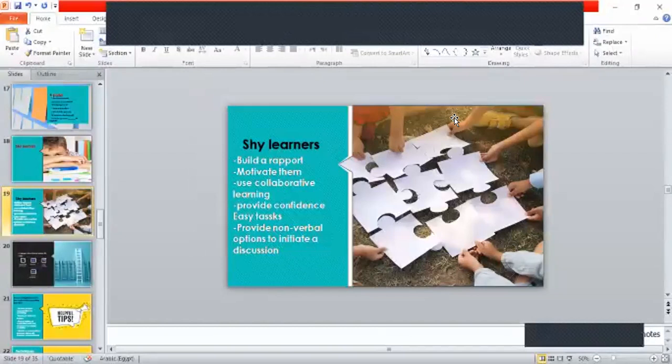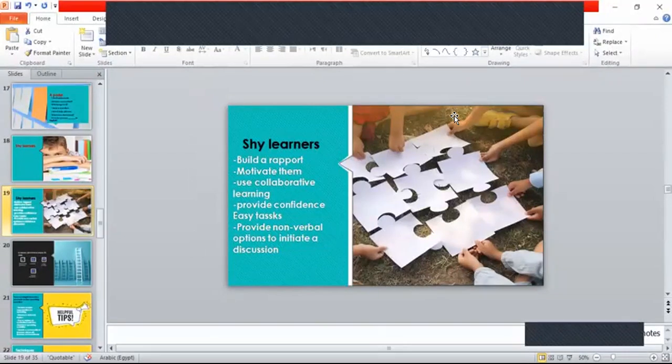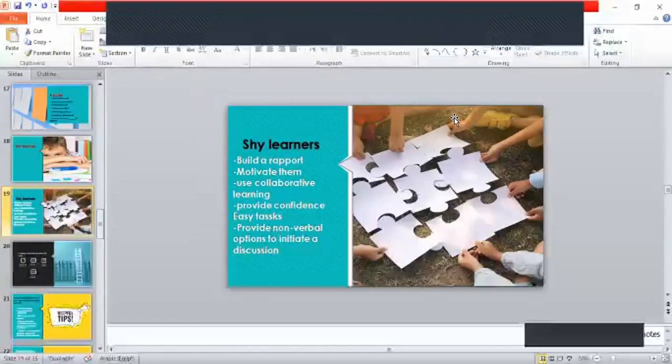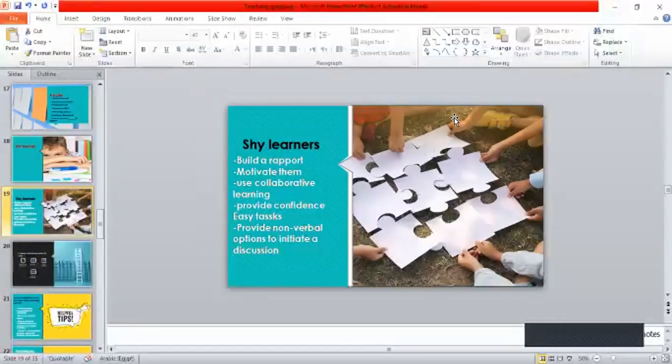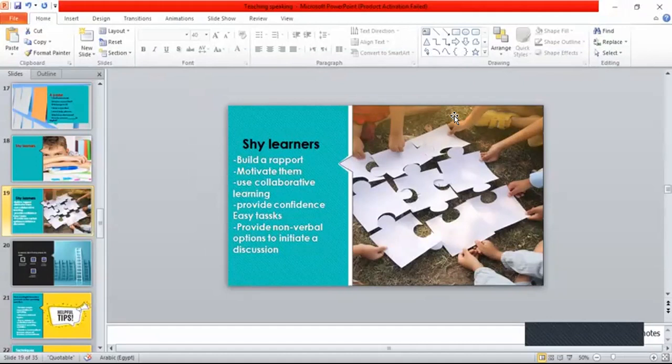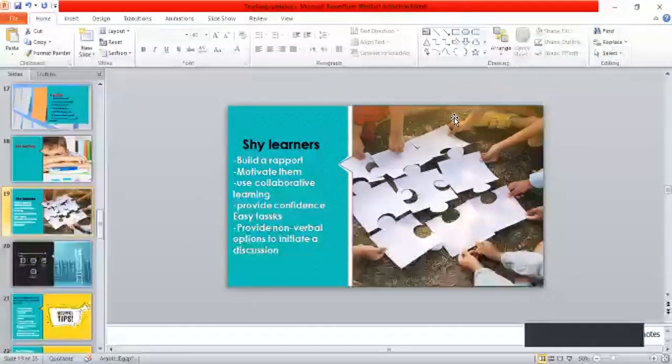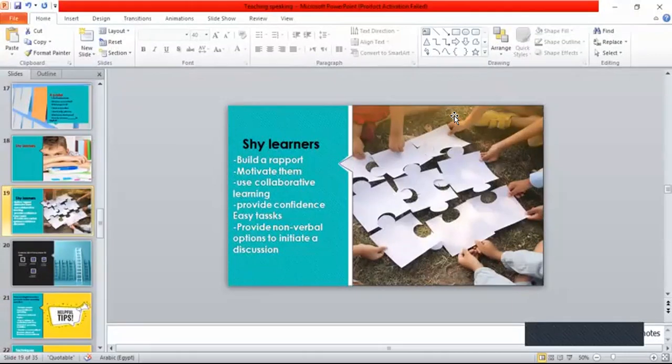Provide confidence by giving them easy tasks. Once they do the easy or controlled task, give them some questions and invite the learner to go and ask these questions to his friends in the group. So begin step by step with easy tasks, and they will become more confident.